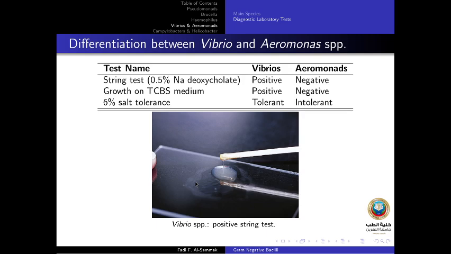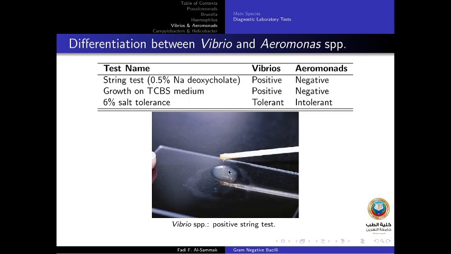Now, in this table, you see the different tests that can be performed additionally in order to differentiate between Vibrios and Aeromonas species. Because why? Because in outbreaks, for example the outbreak that happened here in Iraq, some cases were labeled cholera, where actually they were Aeromonas infection. In order to tell them apart, we use the string test, as in this image, using this wooden stick and 0.5% sodium deoxycholate, and we put the microorganism there.